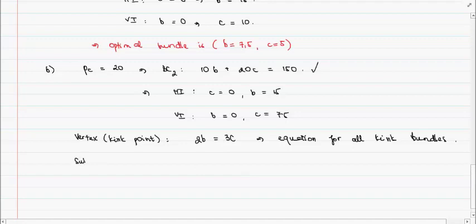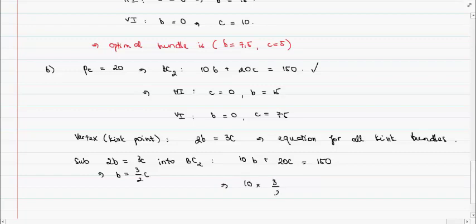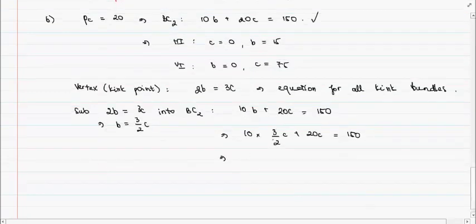Alright, so in order to do that, I substitute 2B equal to 3C into my budget constraint 2, which is 10B plus 20C equal to 150. So B is just going to be equal to 3 on 2 C. So I have 10 times B, and B is just equal to 3 on 2 C, plus 20C, and that has to be equal to 150. And so therefore I got 15C plus 20C equal to 150.